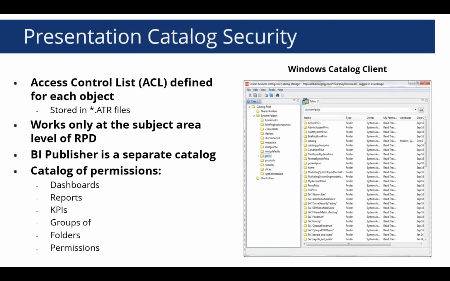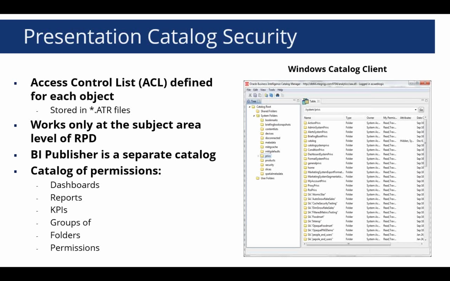So the presentation catalog is structured through a series of ATR files. If you have access to the Weblogic file system, you can actually go and read those. You actually need a hex editor, but each report, each object, each dashboard, folder has a subsequent ATR file that lists out who can see and do what with that object.